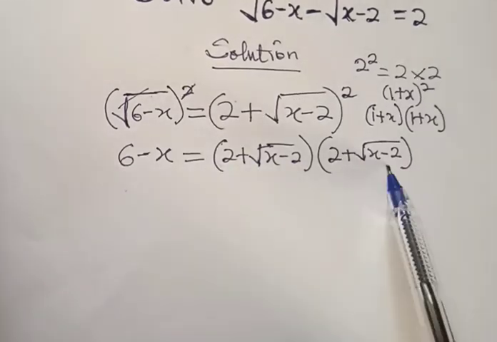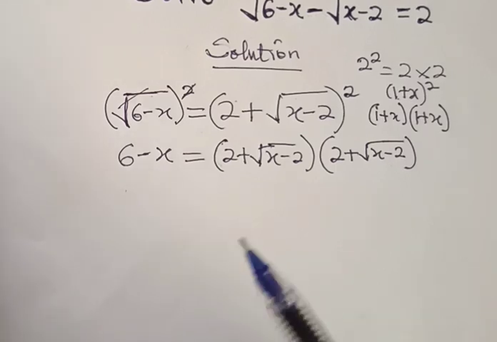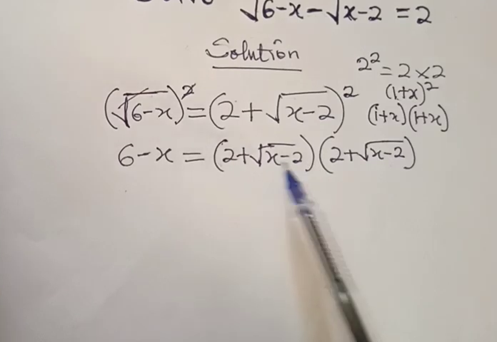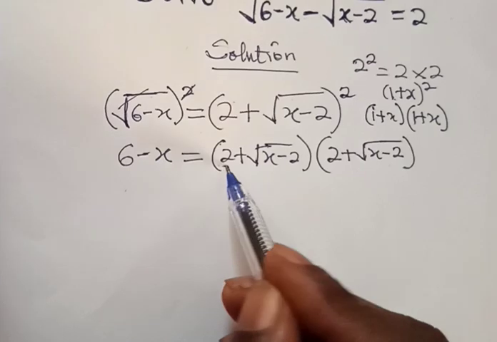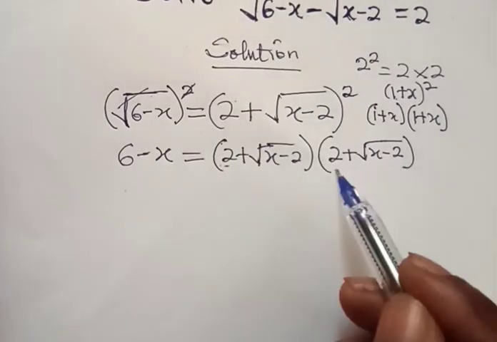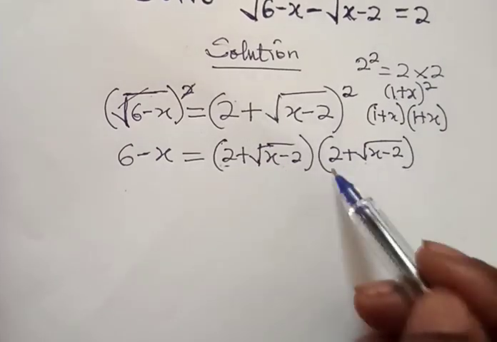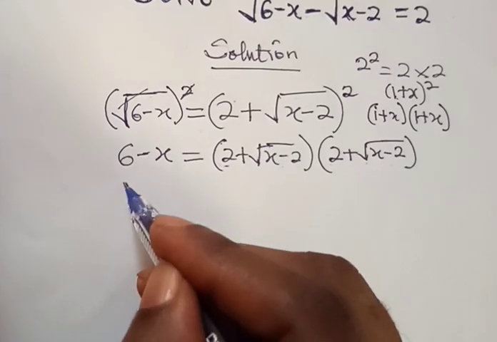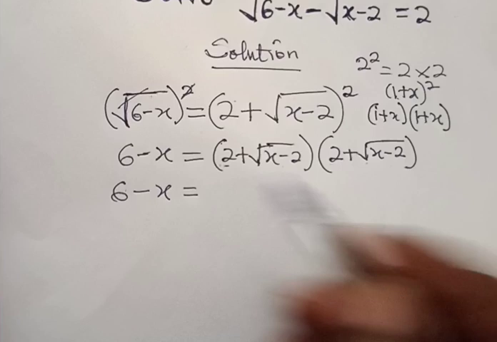And once you get to this point, remember what we did in algebraic expression when we were in JHS. That means you are going to expand the bracket. You are going to multiply this term by the entire other terms. After that, you take the whole of this and multiply also by the entire other term. So in this case, let me write my 6 minus x, which is equal to.